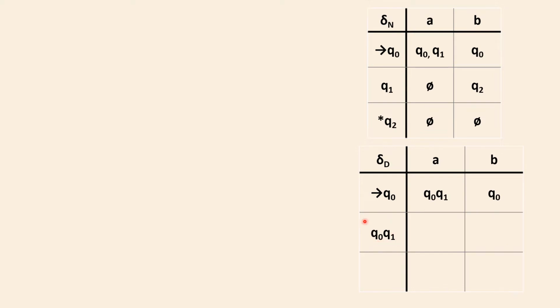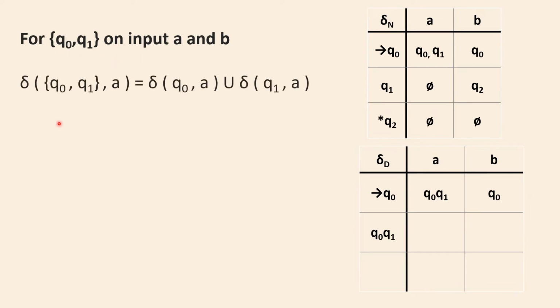Now I am going to find out Q0 Q1 on input A and Q0 Q1 on input B. Let us see with Q0 Q1 on input A. Here I have Q0 on input A union of Q1 on input A. Here when we are writing, we have to take reference from the NFA transition table.